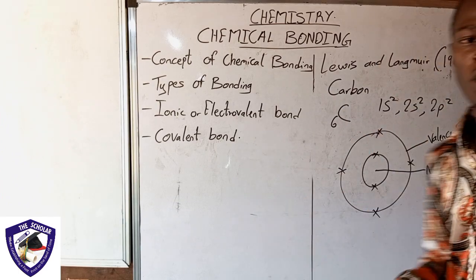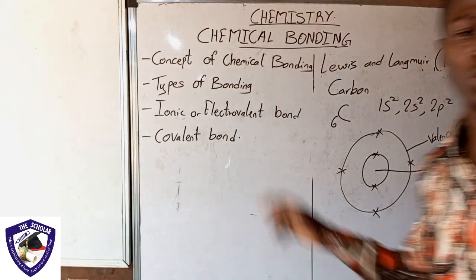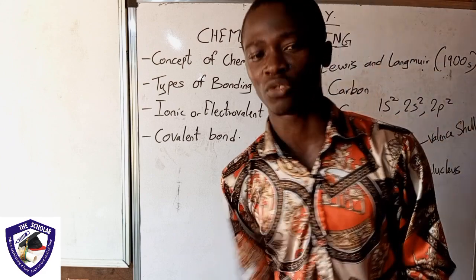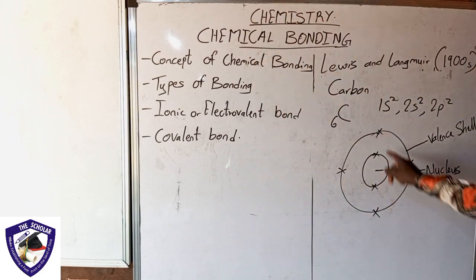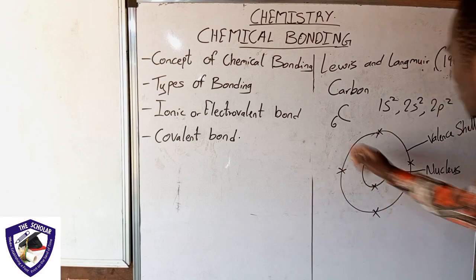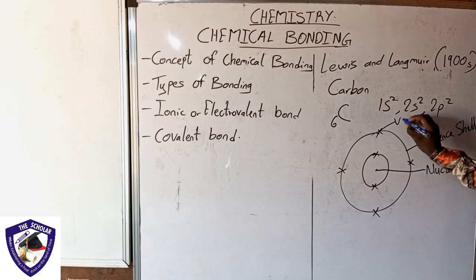Now, valence electrons are the electrons that are the farthest away from the nucleus. So as a result of this, they experience the least attraction from the nucleus. This is the valence electron.